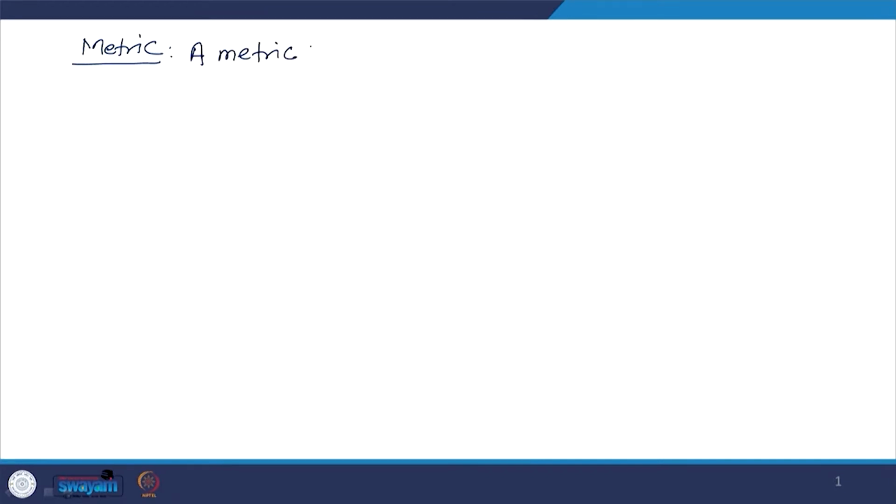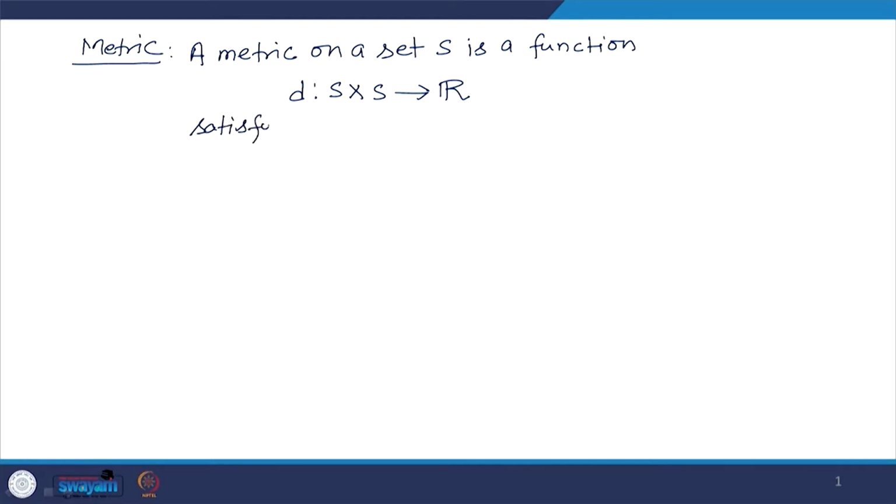A metric on a set S is a function d defined from S cross S to the set of real numbers, satisfying certain properties.